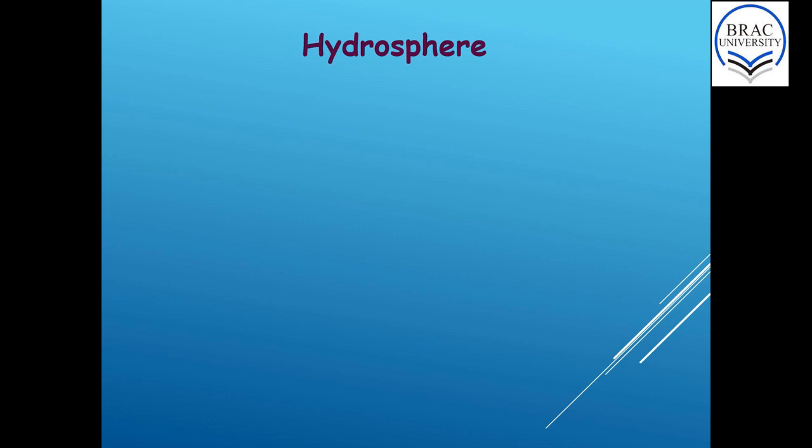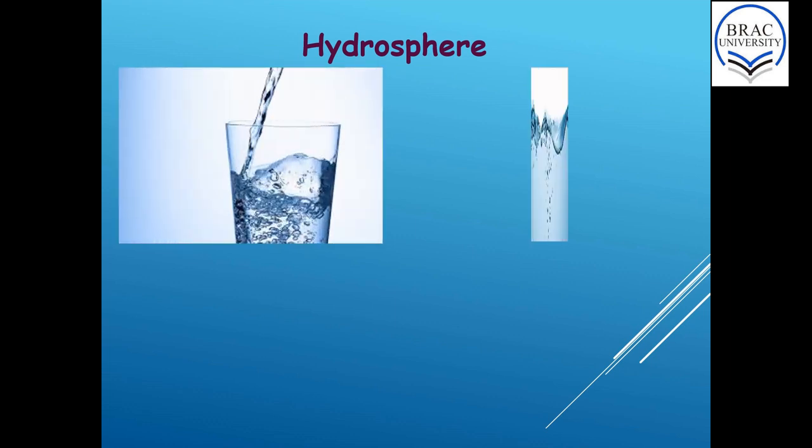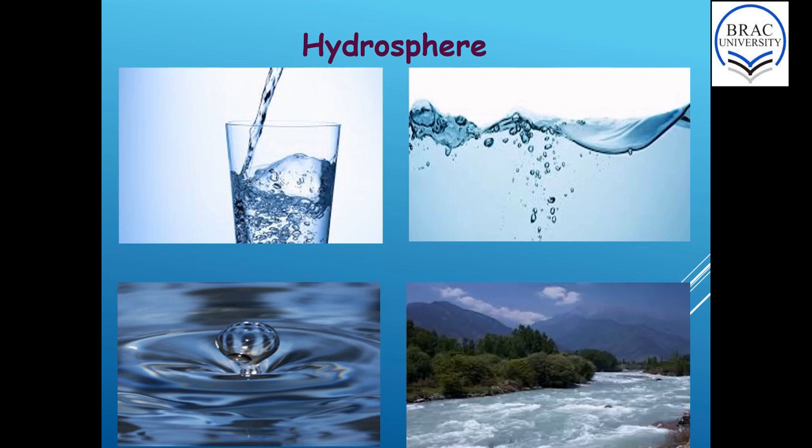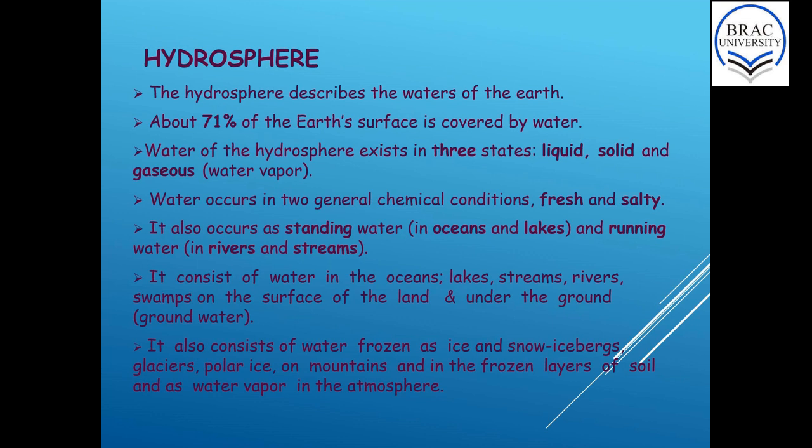Hydrosphere includes all forms of water, like solid, liquid, or gaseous form of water. Study of hydrosphere is very much important for us because about two-thirds of Earth's surface is covered by water. Water of the hydrosphere exists in three states: liquid, solid, and gaseous.